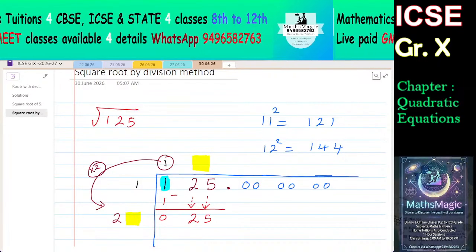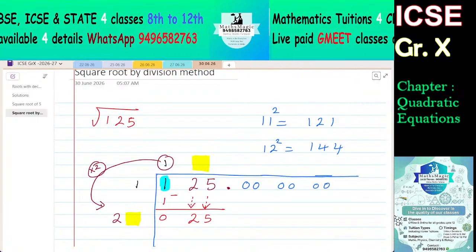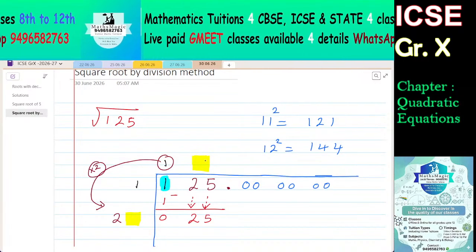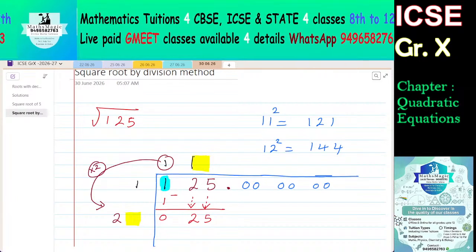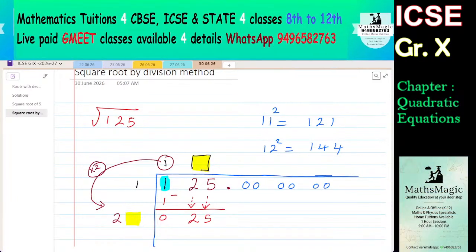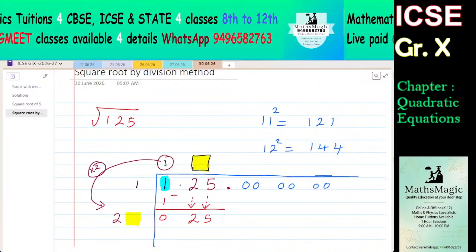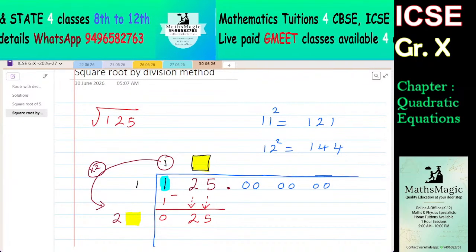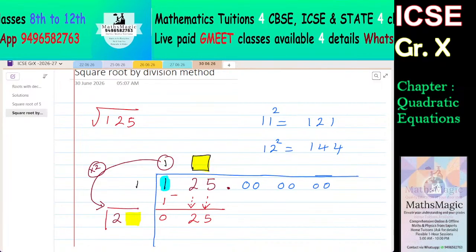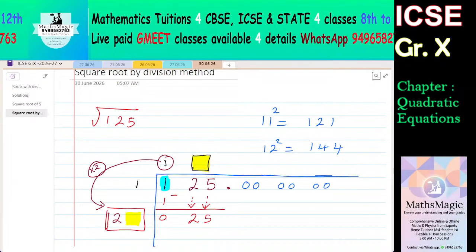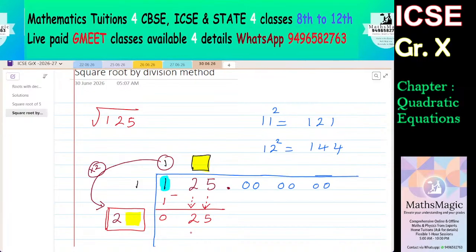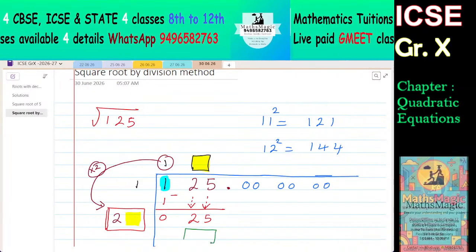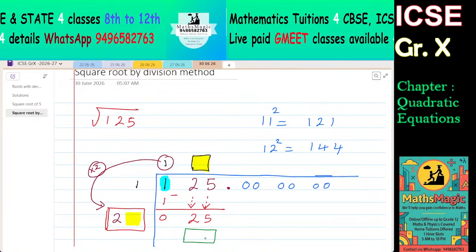The condition for getting that number is you need to multiply this yellow square with this red square number, and you need to put it here in this green box.